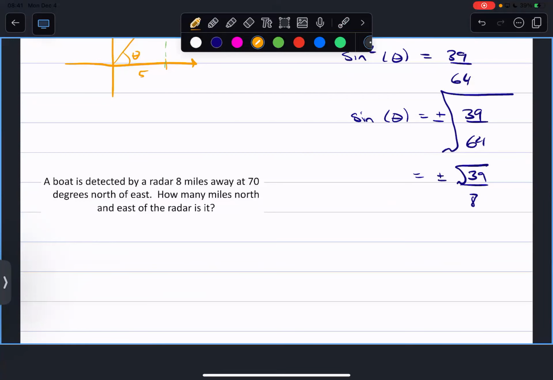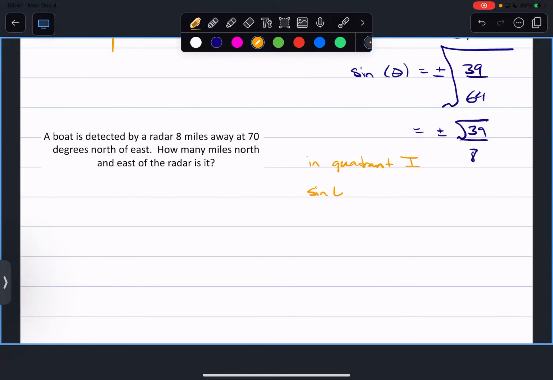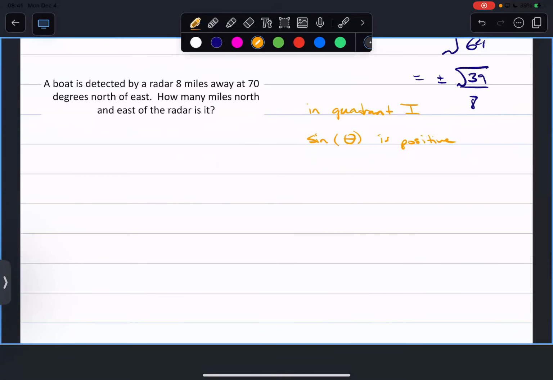In quadrant 1, sine theta is positive. Therefore sine theta is the positive root 39 over 8.